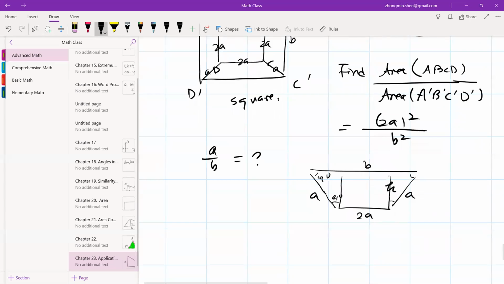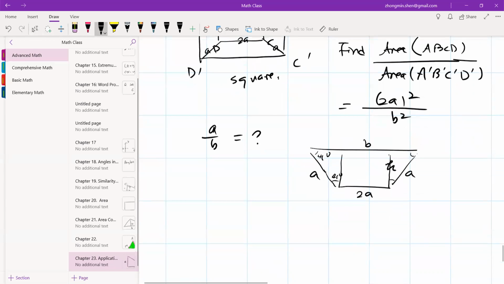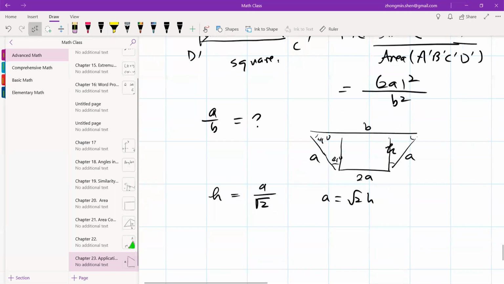So if you know this, then have this h. You can find the h, because h is going to be A square root 2 over 2. We know that because this is a 45 degree special angle. So you find the h, right? And then this part will be h, right?